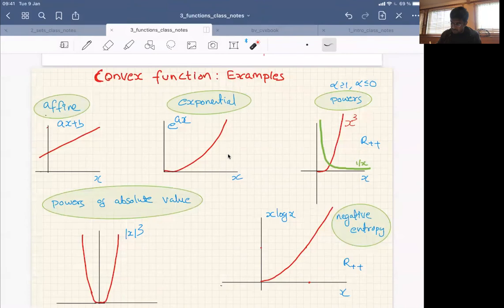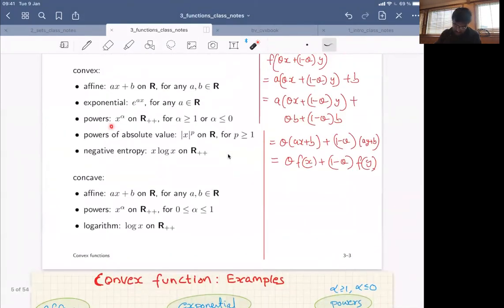And another one is power. So what is this? x^alpha. But the important thing is that this function has to be in R++, meaning positive R, for that to be convex. And not for any alpha, only for alphas which are greater than or equal to 1, or less than or equal to 0.